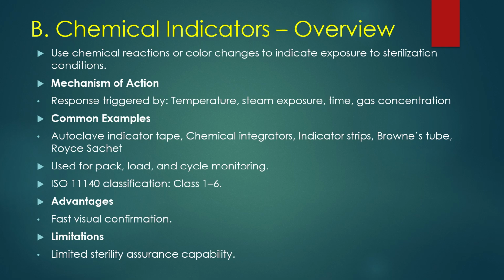Common examples include autoclave indicator tape, chemical integrators, indicator strips, Brown's tube, and Roy's sachet, which are used for pack, load, and cycle monitoring. Chemical indicators are classified under ISO 11140 class 1 to 6 and provide rapid visual confirmation of sterilization exposure. However, they offer limited assurance of actual sterility.